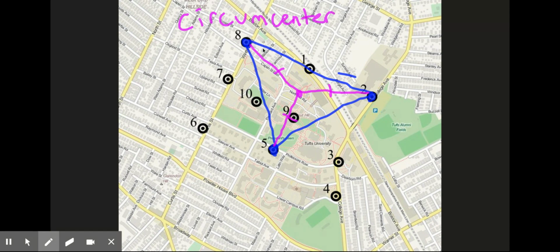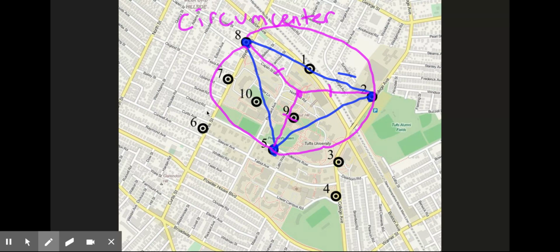The circumcenter, because it's equidistant from all these, actually allows for you to circumscribe a circle that I'm obviously doing a terrible job of around those points. So if the student center was here and we picked a router with a large enough radius, we'd get all these points. That's pretty good.